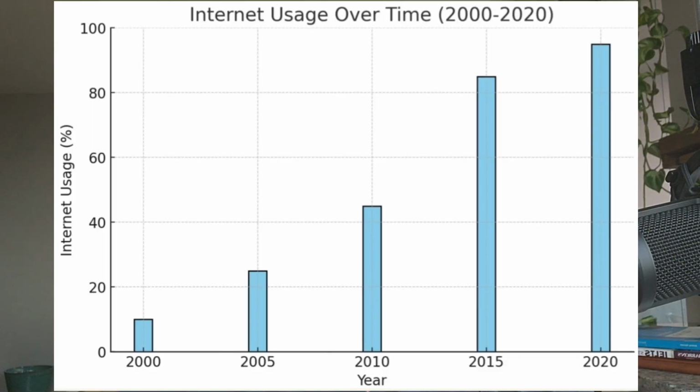We could say that internet usage increased from 2010 to 2015. It was twice as high as before. So that phrasing, twice as high, twice as much, is a great example if it's doubled.